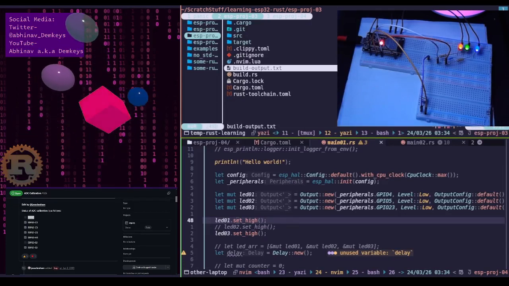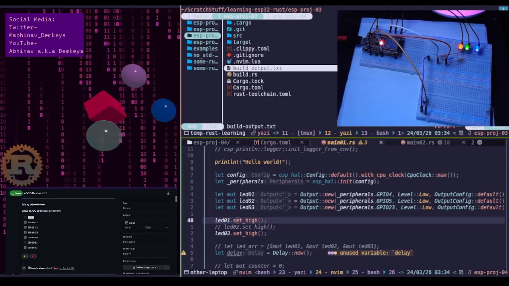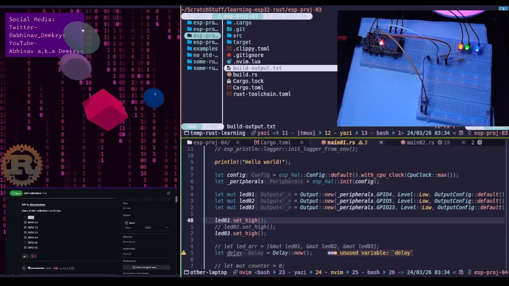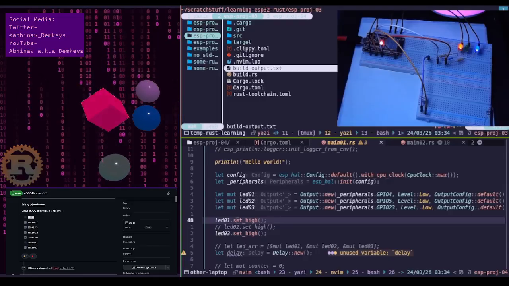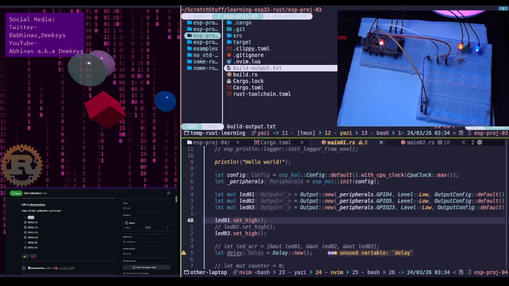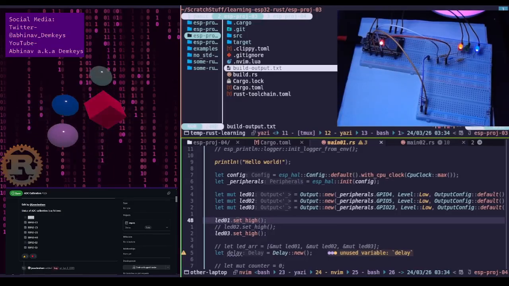I'm not yet very good with Ratatouille, which reminds me, I do need to continue learning about Ratatouille as well. Though on the bright side, at least we are making progress on this front. So I'm not complaining. As an added bonus, at a later time, whenever I do learn Ratatouille and whenever I've managed to interface between my ESP32 and one of the TFT displays that I have, eventually I could use, what do I even call this?